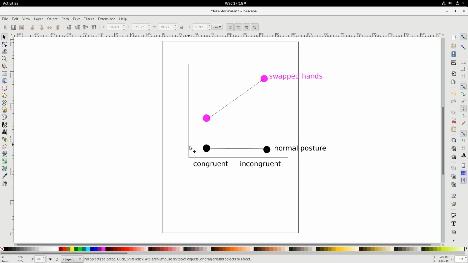If that happens in your data, that's very unusual, because typically you find the Simon effect with normal posture. So there's no reason to expect that, but it could even be that people were faster in incongruent than congruent. And all I've done here is try to show you a little bit about the interactions that can occur in this type of study.